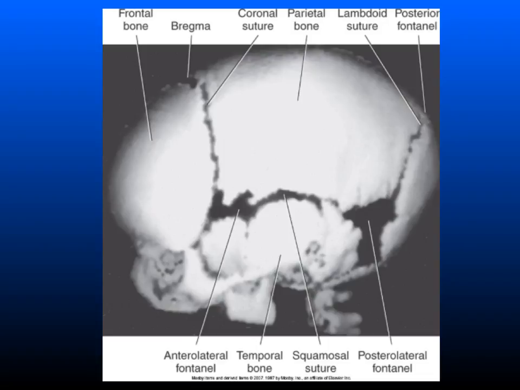Then you have the anterolateral fontanelle, and the name says it, anterior lateral. The book also mentions the posterior fontanelle. Anterolateral is also called the sphenoid fontanelle. So know the main ones.